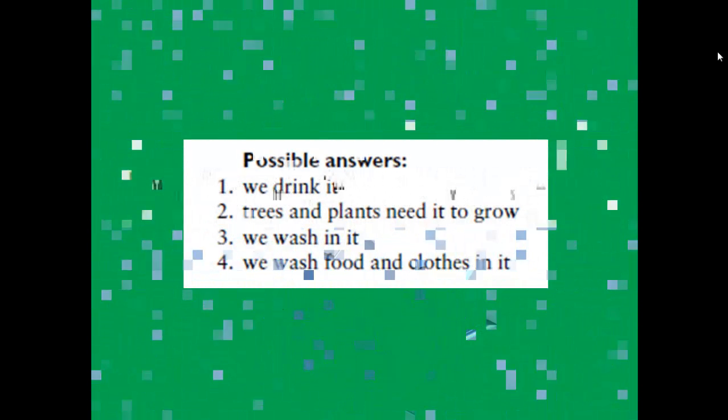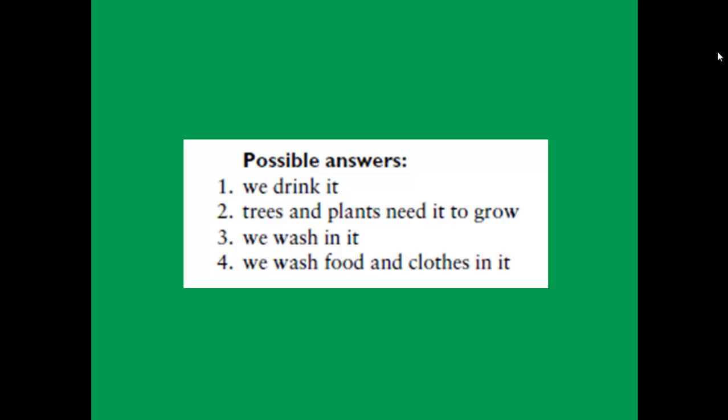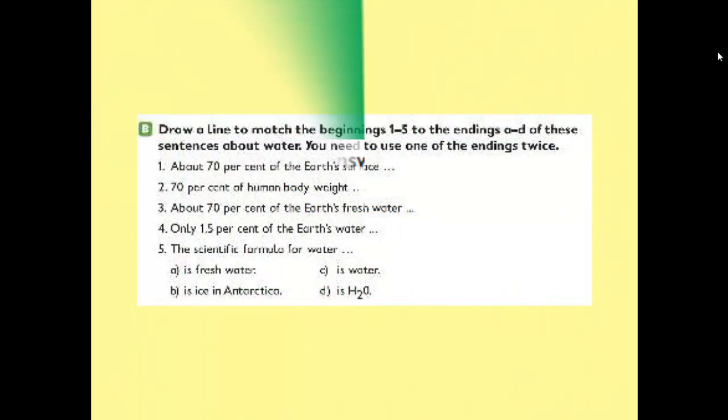So here are some uses of water. We drink it, trees and plants need it to grow, we wash in it, and we wash food and clothes in it. These are the most important uses of water.